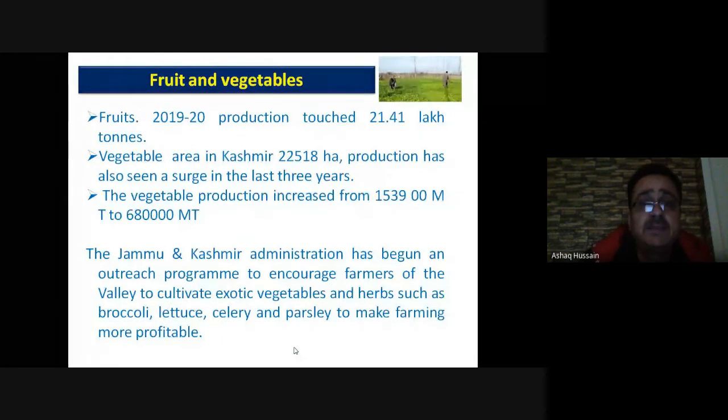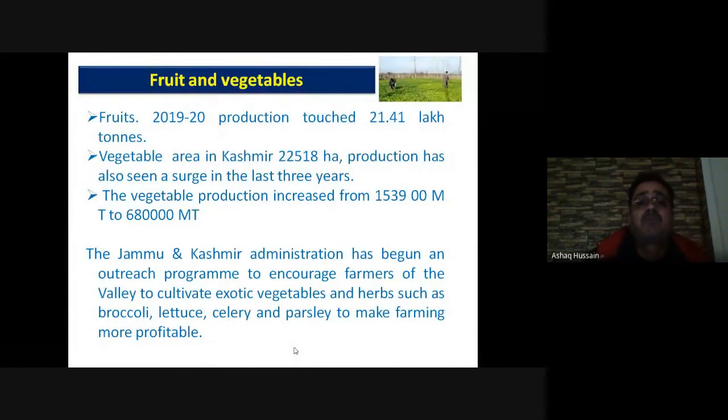Then fruits and vegetables. Among the vegetables, we grow kale, knol khol, cauliflower, and cabbage during the summer season, and we export during that season to other parts of the country. But generally during the winter, we are net importers of different vegetables, because the ground remains covered with snow. Only some kale greens we grow during the winter season, that is indigenous production.